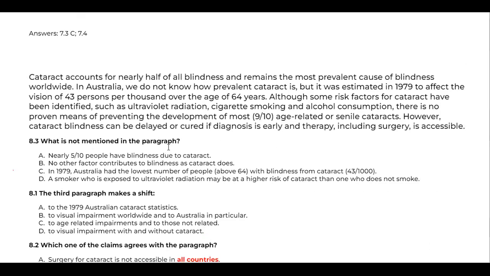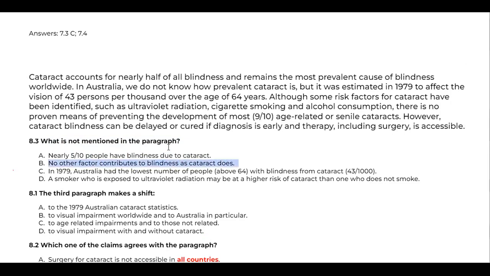But it's not mentioned in the paragraph. Now you have to eliminate what is not mentioned in the paragraph. That means only one of the statements is not correct according to the paragraph. Nearly 5 out of 10 people have blindness due to cataract. No other factor contributes to blindness as cataract does.